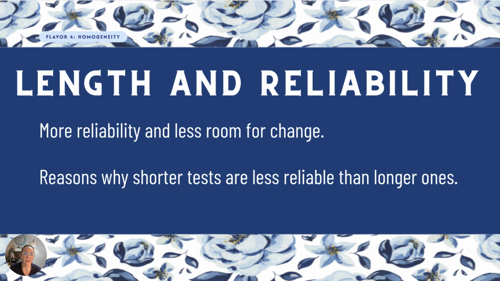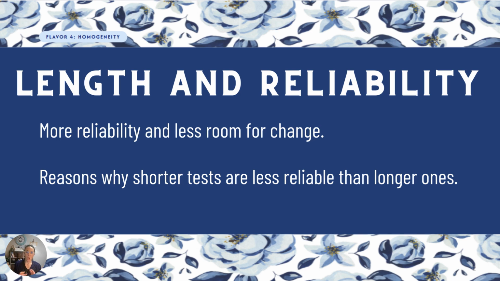Now, more reliability and less room for change: the amount of increase for corrected split-half reliability coefficients decreases as the original split-half reliability coefficient increases. Essentially, this is saying that the more reliable the original estimate of what we're going to measure, the less room for improvement when we correct it.